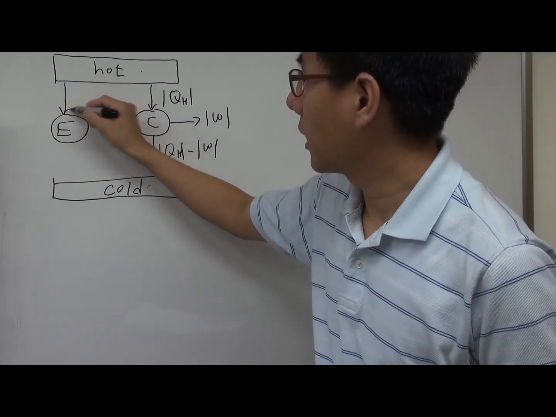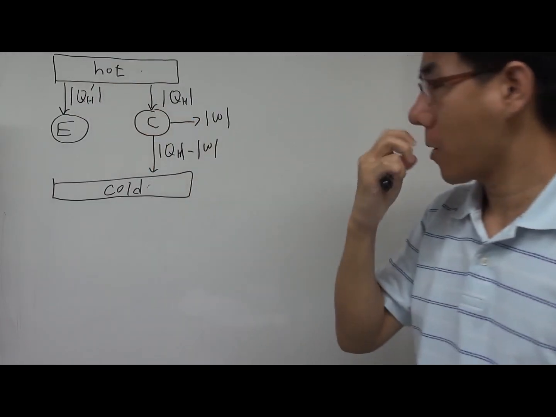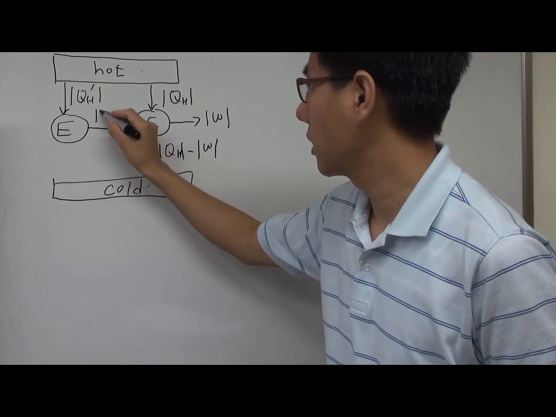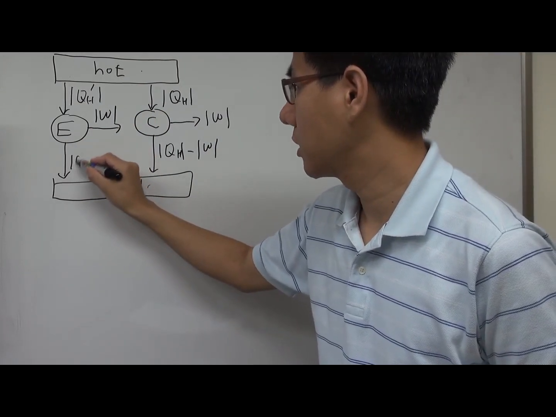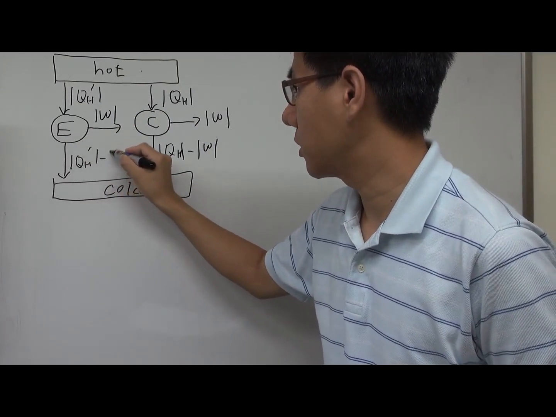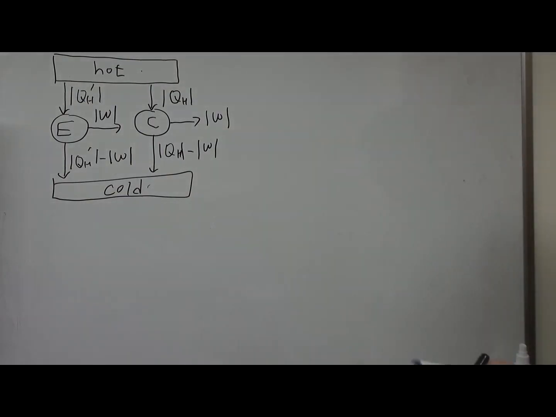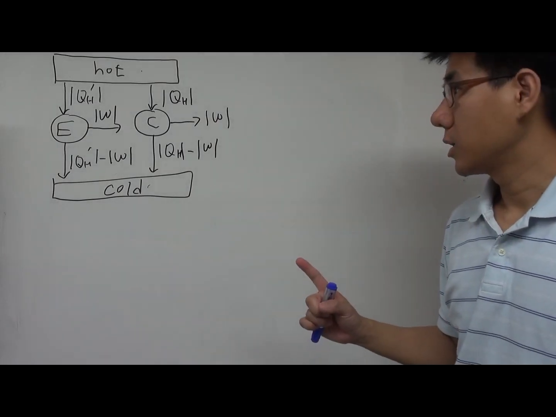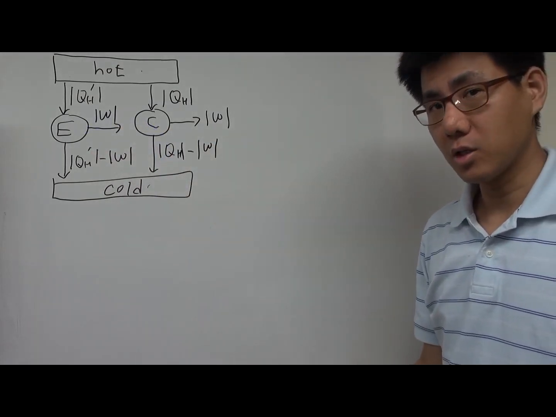We assume that it also absorbs some amount of heat, QH prime, and that this engine also does this amount of work, W, and discards this amount of heat to the cold reservoir. One thing to note is that both engines are reversible engines.